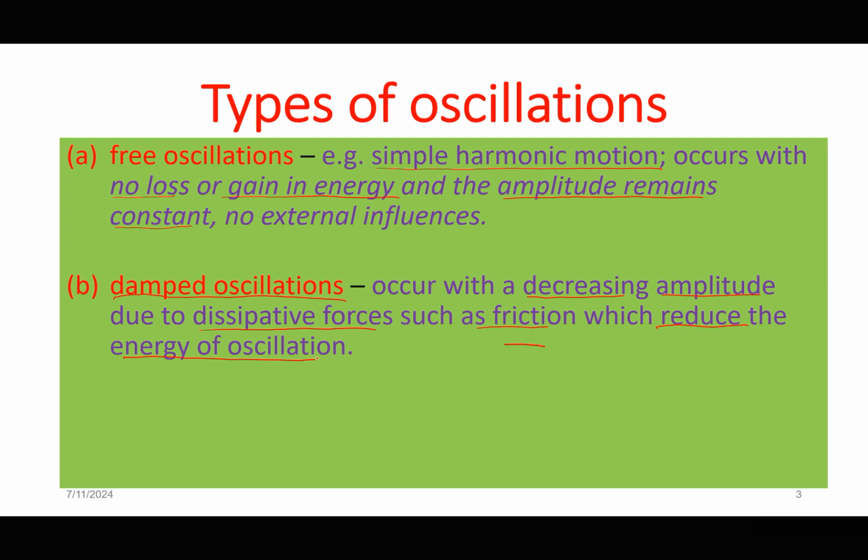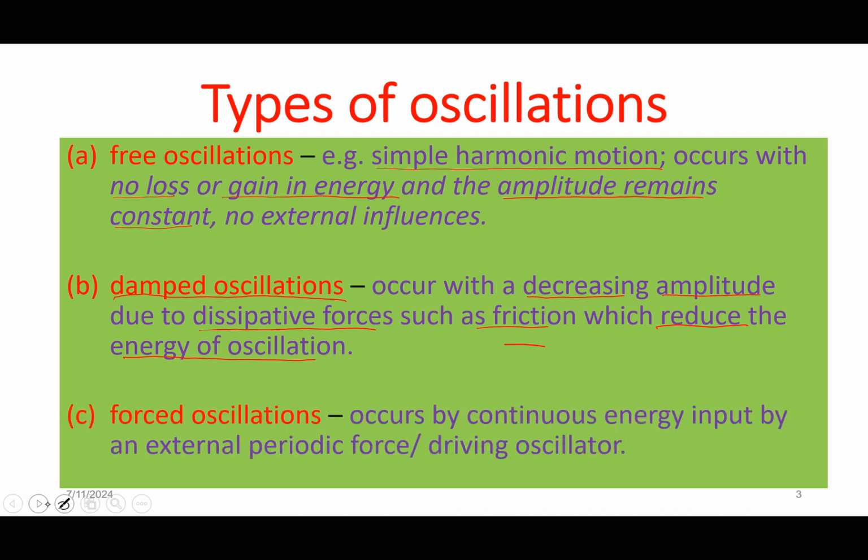So another type of oscillation is damped oscillations, which occur with a decrease in amplitude due to dissipative forces such as friction and air resistance, which reduce the energy of oscillation. Then the other type of oscillation I'll talk about is forced oscillations. These ones are forced oscillations, and what do we mean by forced oscillations?